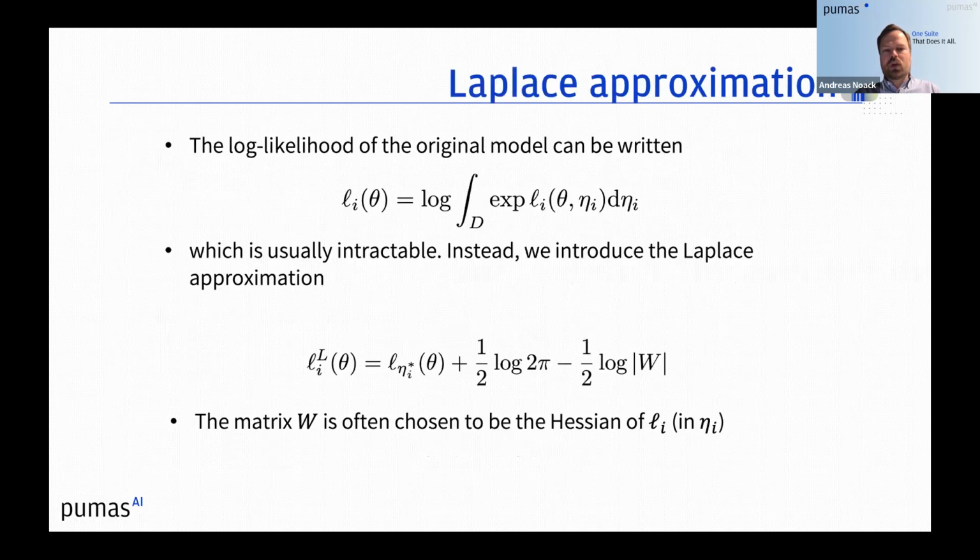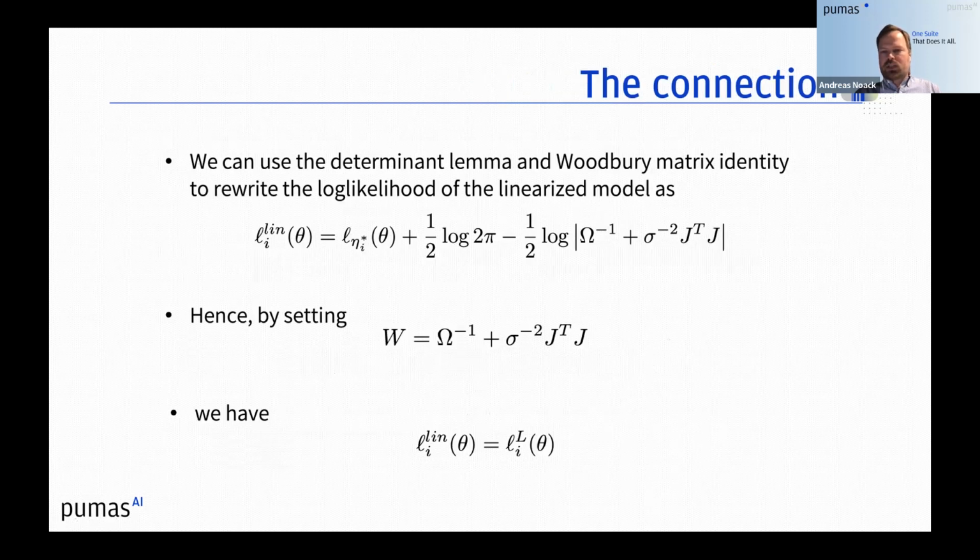likelihood function, to the version coming from the direct Laplace approximation, where we have an arbitrary choice W of the quadratic term in the Laplace approximation. It's clear that if we choose this W term from the Laplace approximation to be equal to omega inverse plus sigma to the power of -2 J transpose J, then the two equations are exactly identical.